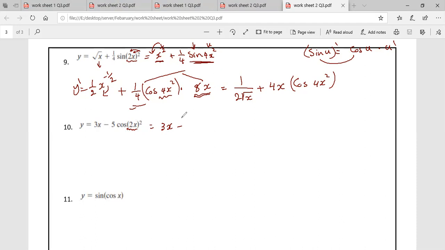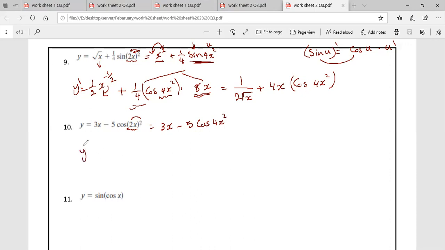If you have a trigonometric function raised to an exponent, I have to write it between two brackets, then apply the general power rule: minus 5 cosine squared of this 4 squared of x, it will be x squared.